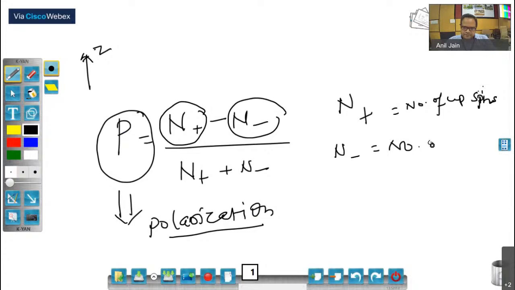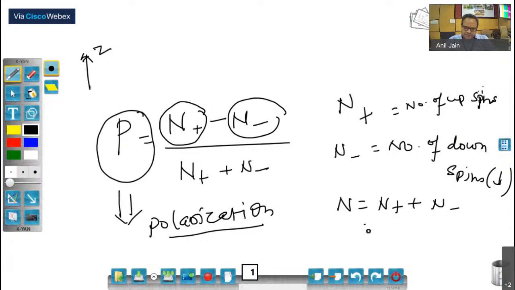This is how we define the polarization of the neutron beam.